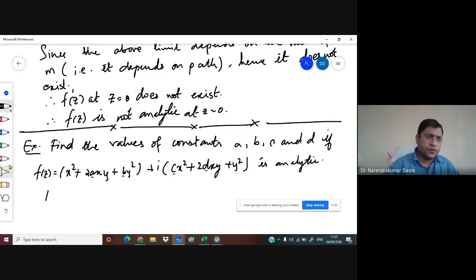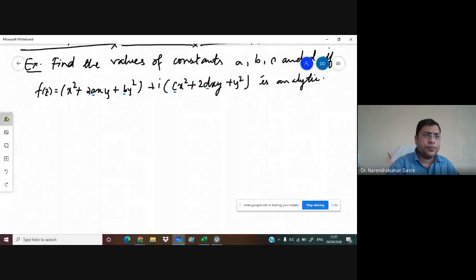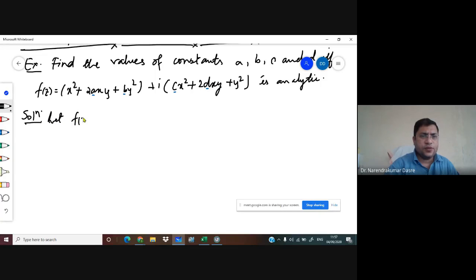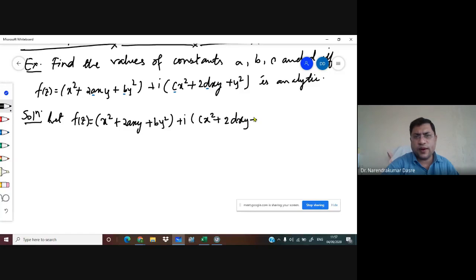So we go with the solution. What we'll have here, f of z is equal to x square plus 2axy plus by square plus i cx square plus 2dxy plus y square, be an analytic function.